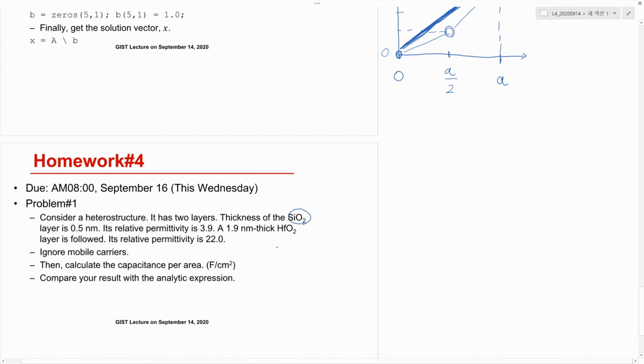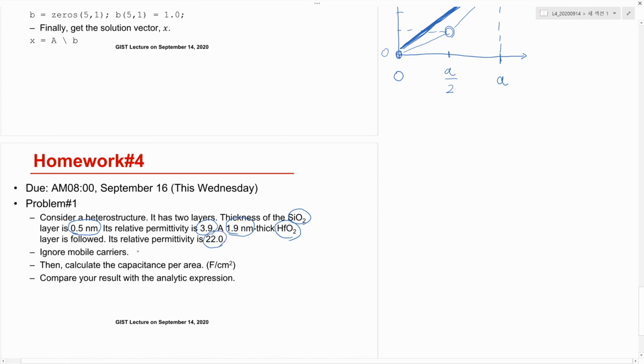First, silicon dioxide, and second, hafnium dioxide. Silicon dioxide has a thickness of 0.5 nanometer, and the hafnium oxide layer has a thickness of 1.9 nanometer. These are all technically relevant values, and the relative permittivity is 3.9 for silicon dioxide, and for the high-K material, hafnium oxide, the relative permittivity is 22.